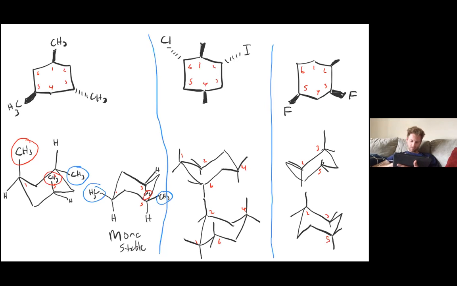Taking a look at the next one. Position 1, we've got a CH3. It's going up because it's on a wedge. Putting H here, the other position.